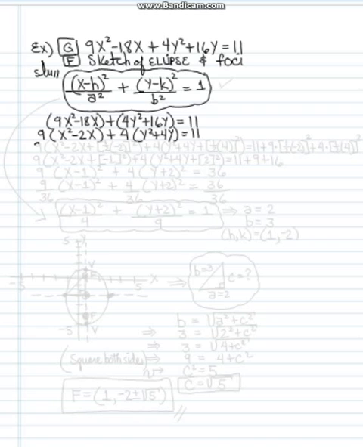Okay, now we're ready to add half the coefficient of the x term in the bracket and square it. So plus bracket, 1/2 times the coefficient of the x term, which is negative 2, bracket squared, close parenthesis, plus 4 times y squared plus 4y plus bracket, half the coefficient of the y term, which is 4, squared, equals. We're going to have to add the same thing on the other side. First we have the 11 that's already there.